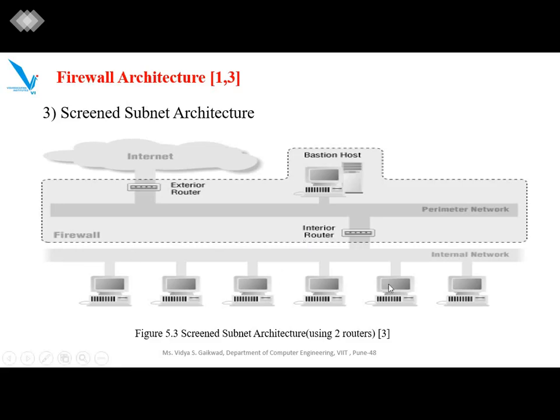It protects the internal network from the outside world or external network as well as from the perimeter network. It blocks most of the packets using packet filtering for the firewall. Exterior router is also called access router in firewalls. It protects the perimeter network as well as the internal network from the outside world such as internet.